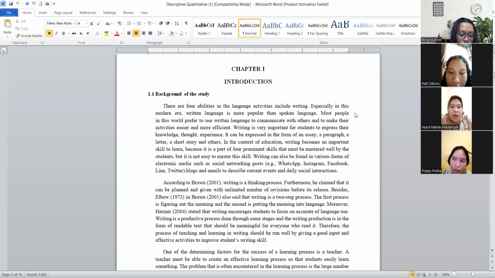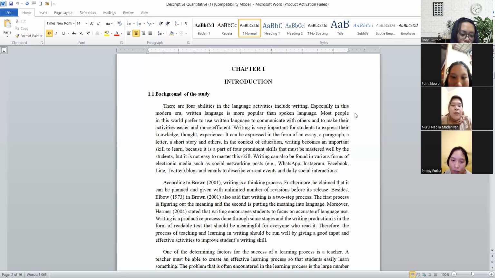Next, we have Harmer. Based on Harmer, 2004, he stated that writing encourages students to focus on accurate language use. Writing is a productive process done through some stages, and the writing production is in the form of readable text that should be meaningful for everyone who reads it.